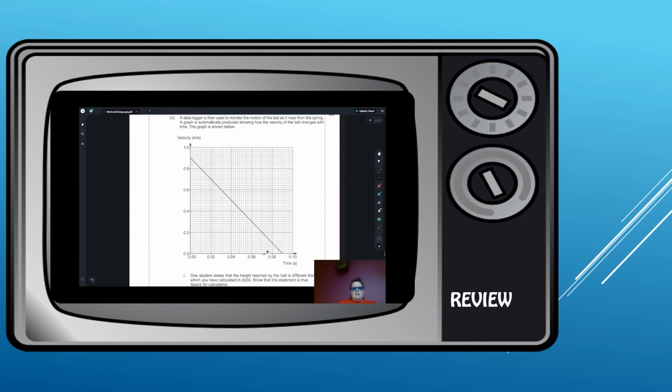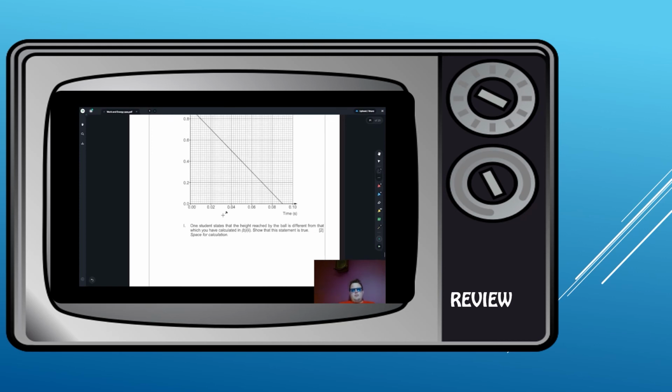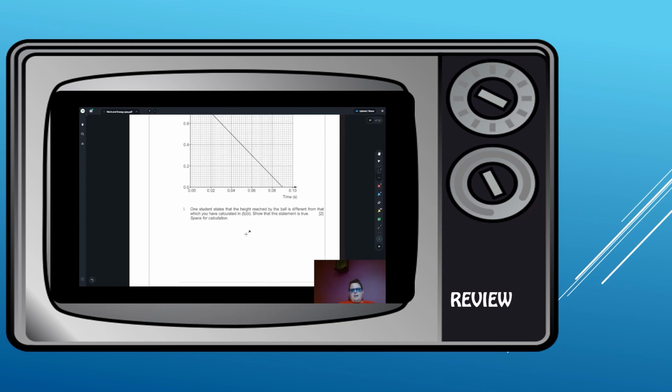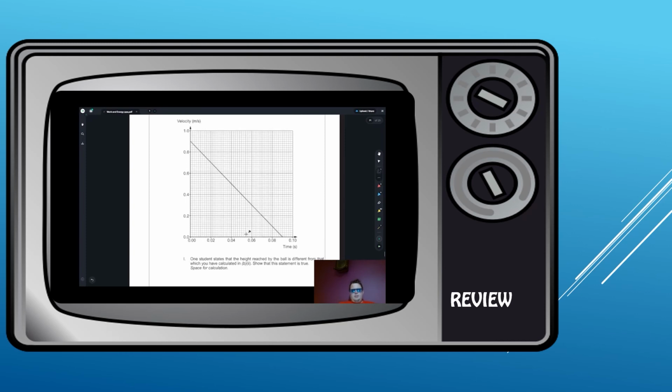A data logger is used to monitor the motion of the ball as it rises from the spring. The graph is automatically produced showing the velocity as we have there. A student states that the height the ball reached is different from what you've calculated. Show that the statement is true. So if we've got a velocity time graph, the distance that ball travelled is going to be the area underneath it.